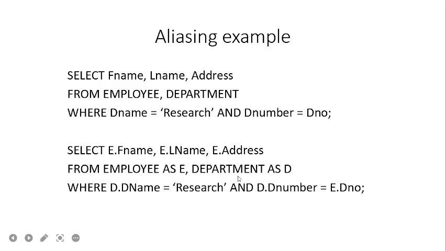You can write it like this: select E dot F name, E dot L name, E dot address from employee as E, department as D, where D dot D name is equal to research and D dot D number is equal to E dot D number. Okay, that is another example for aliasing. So we will be able to use different names for the same relation.